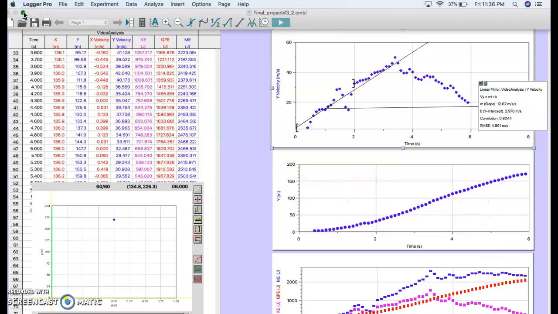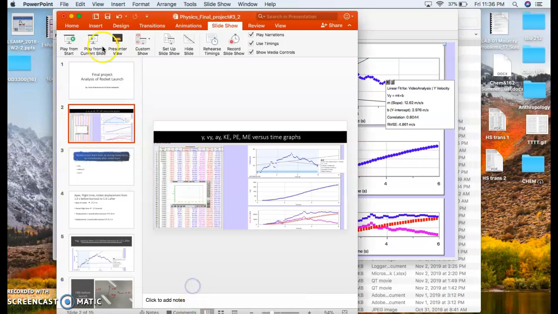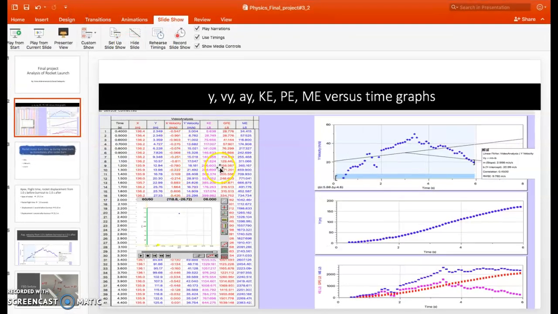And here's the PowerPoint slide that we made that shows the first part, which was the y, Vy, Ay, kinetic energy, potential energy, and mechanical energy versus time graphs. I'm just going to go in order here.